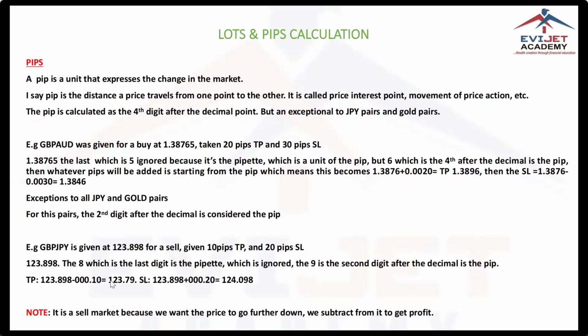So your answer will now be 123.79. Now you can bring back the pipette, which is 8, after you have gotten your answer.